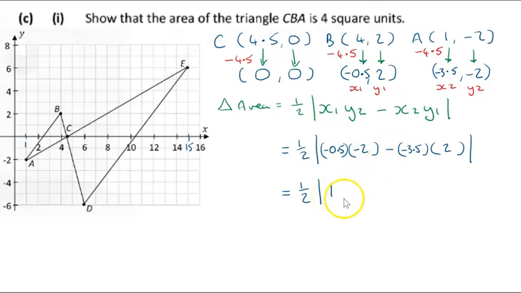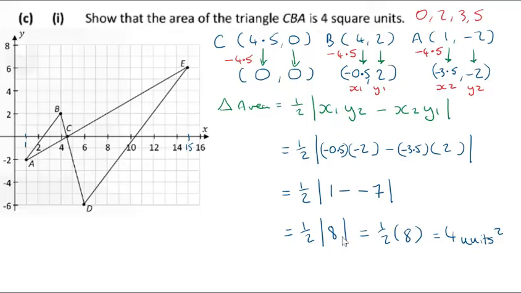Then we bring down the minus, and minus 3.5 times 2 is minus 7. Then 1 minus minus 7 is 1 plus 7, which is 8. Now a half times 8 is 4, and it's area, so it's units squared. So we have shown that the area of the triangle CBA is 4 square units.